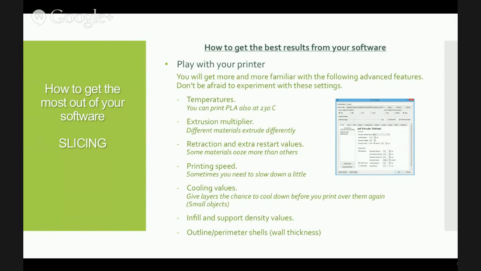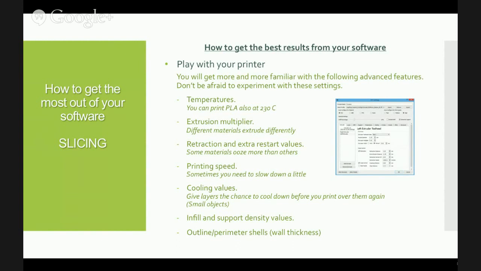So the restart value, you can increase that to make sure that the nozzle is actually restarting. But if you increase it too much, it will create a blob when it needs to print. So there again, it's dependent on material and temperature. So don't be afraid to change that value and play around with it a little bit.